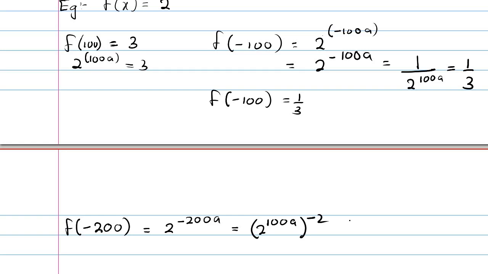This comes from the properties of exponents. So what do we know about 2 to the 100a? That's just 3. So 3 to the negative 2. How do you deal with this? You have a negative exponent, you take 1 over 3 to the 2, which gives you 1 over 9.